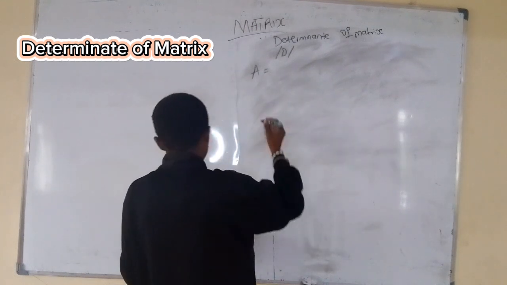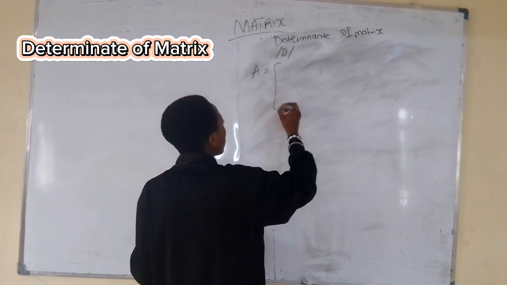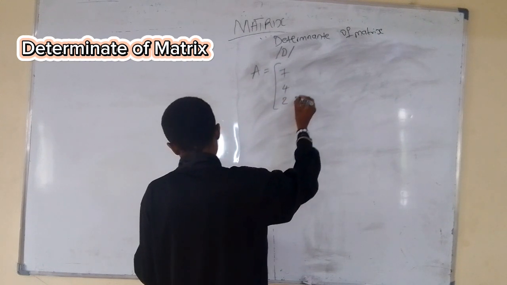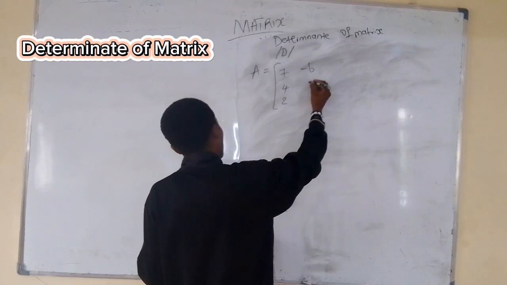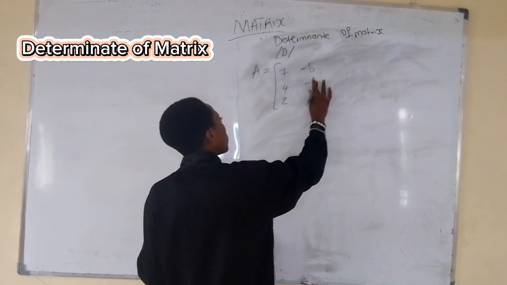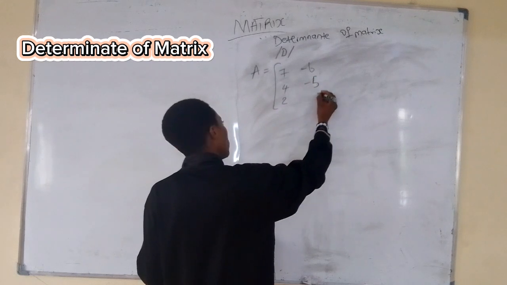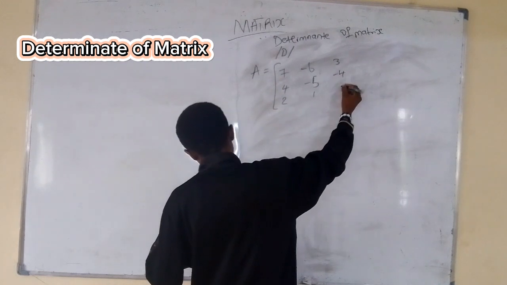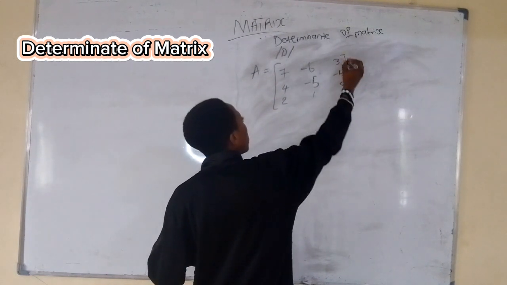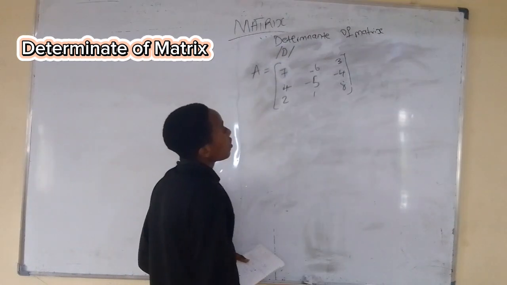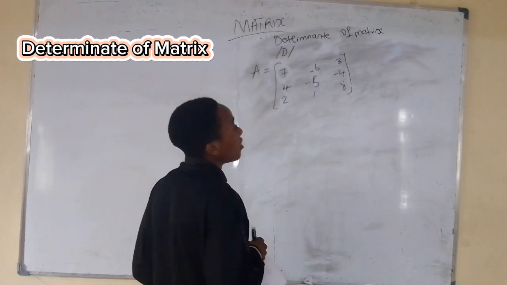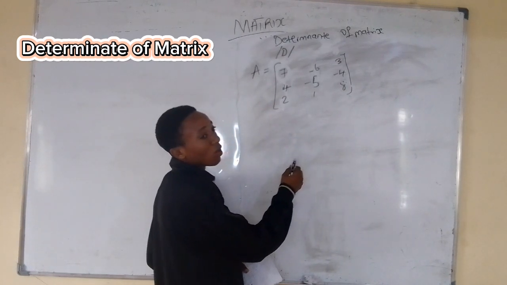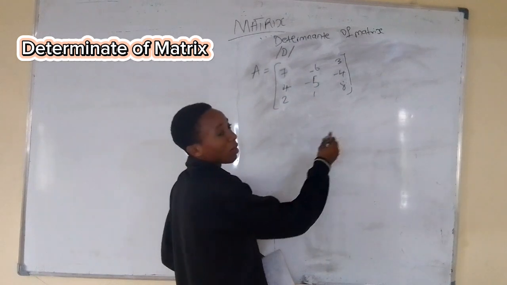So if you are given an example, 7, 4, 2, minus 6, minus 5, and you are asked to find your determinant, the first thing you need to do is to break it down to a 2 by 2 matrix, so you can then use your minor and major diagonals to find the determinant.